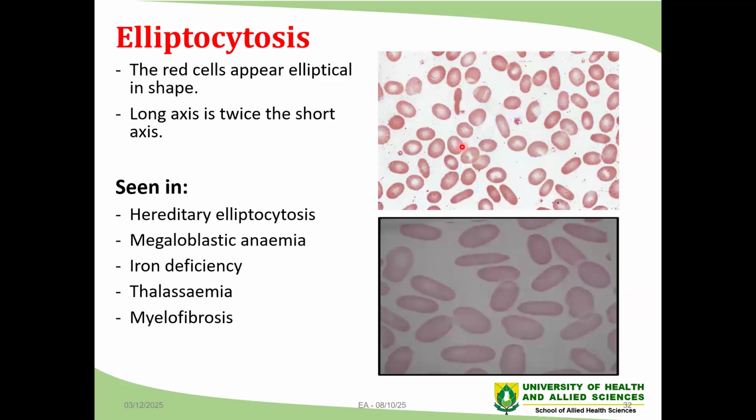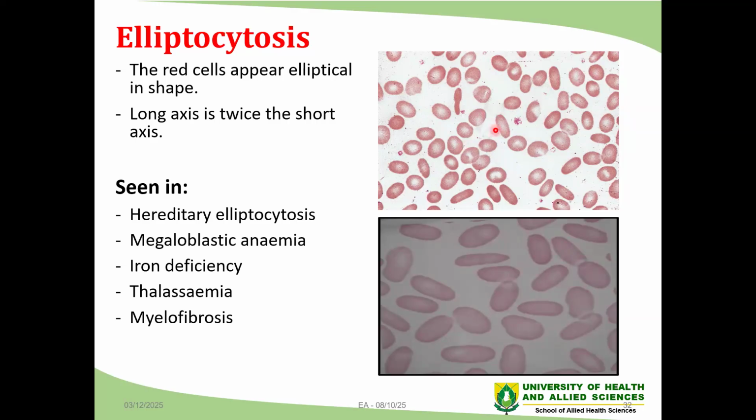Then elliptocytes. Again, their name also makes it easy to tell what they are. They appear elliptical in shape, and in this case, the length of the cell is twice as long as the shorter axis.